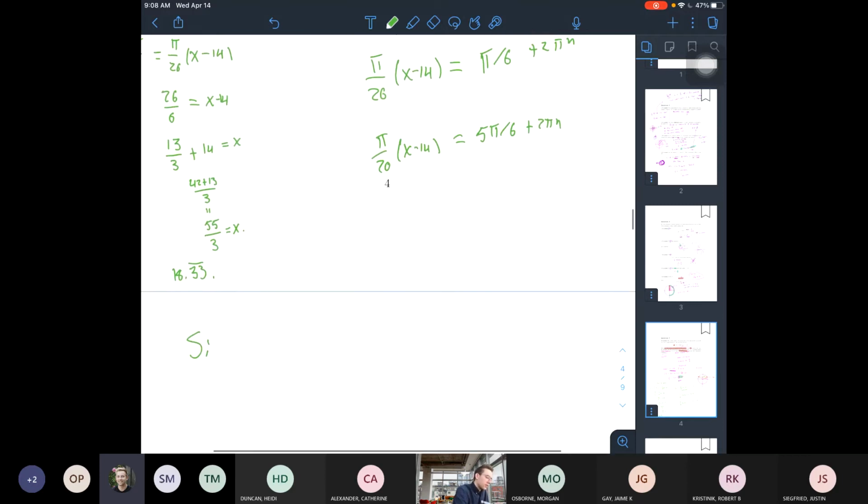Okay, so I solve each of these for x. The first one gives me, let's see, we multiply by 26 over pi, we get x minus 14 is equal to 26 over 6 plus 52n.